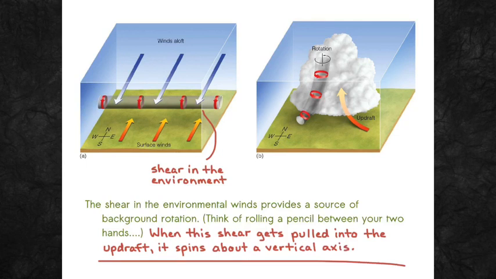Right, initially down here on the left-hand side, it was spinning about a horizontal axis. But when you took that and fed it into the updraft of the system, it tilted the whole thing upwards. And that ended up causing it to rotate about a vertical axis. It's kind of like taking that pencil that you're rolling between your hands, and then you rotate your hands, and the pencil ends up spinning about a vertical axis instead of a horizontal axis. That's more or less what's going on here to produce the rotation of the updraft.